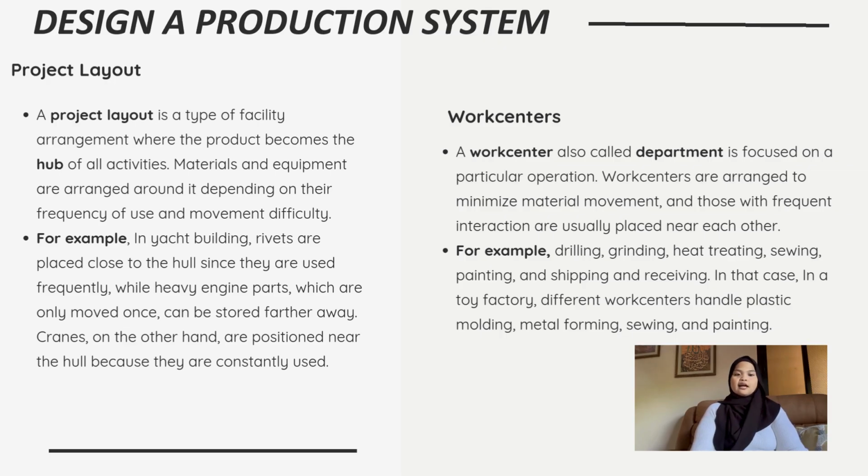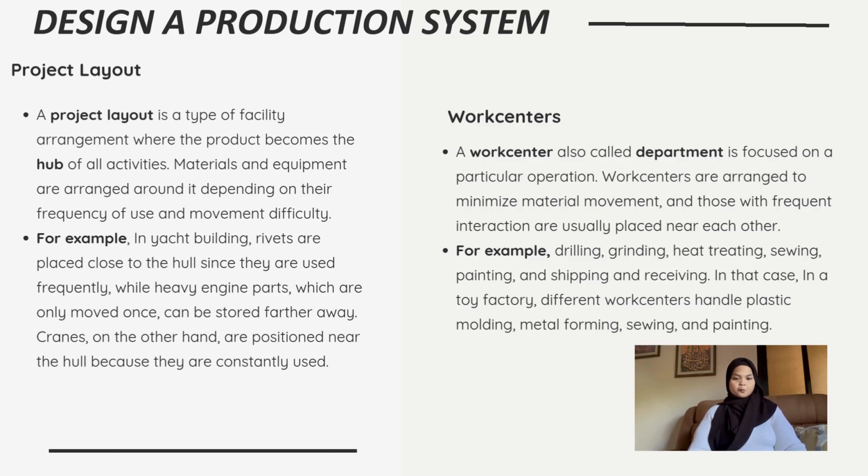Project layout is a type of facility arrangement where the product becomes the hub of all activities. Materials and equipment are arranged around it depending on their frequency of use and the movement difficulty.